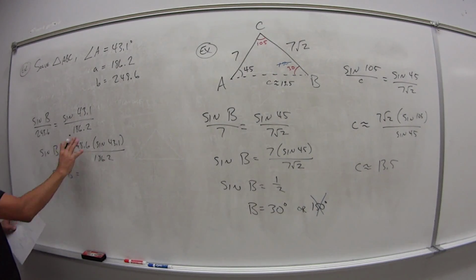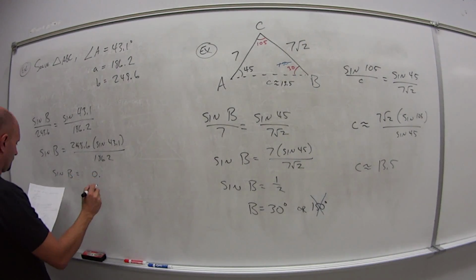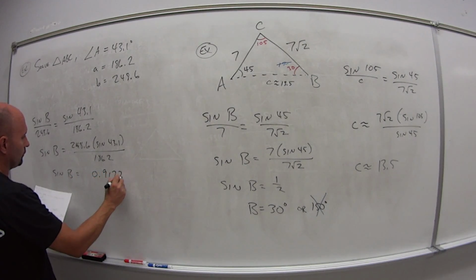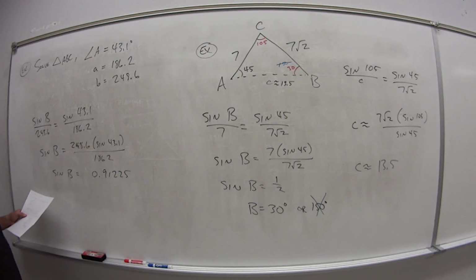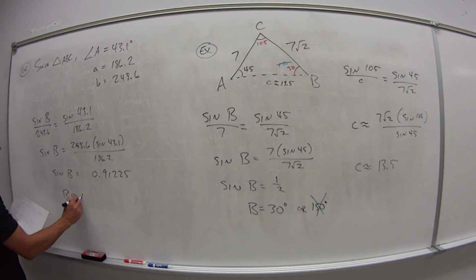If I calculate these numbers on the calculator, I get sine of B is 0.91225.